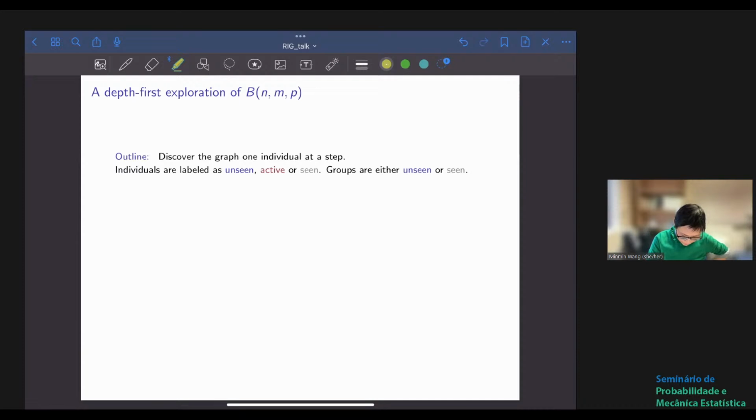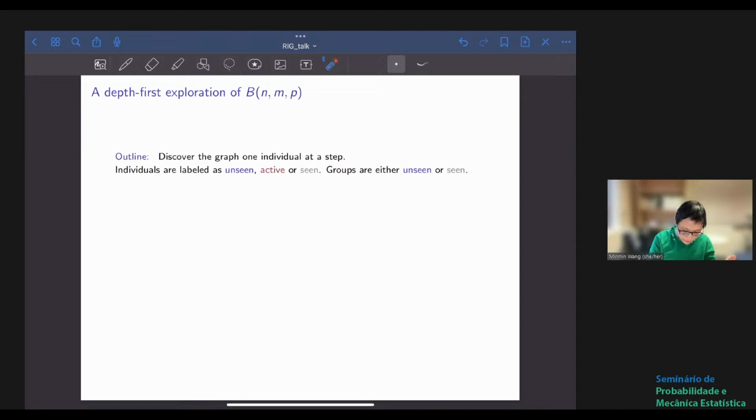If not, don't worry, the idea is very simple. This exploration is just going to help us discover the graph one individual at a time. To keep track of how much of the graph we have discovered, we're going to label individuals as we progress.